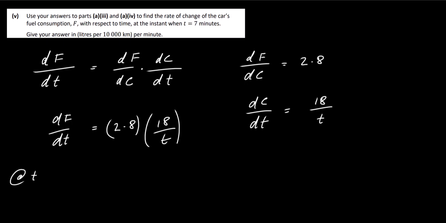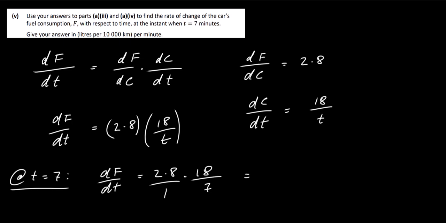So at t equal to 7, df dt is equal to 2.8 times 18 over 7. And that will give us 7.2, and the units are litres per 10,000 kilometers, per minute.